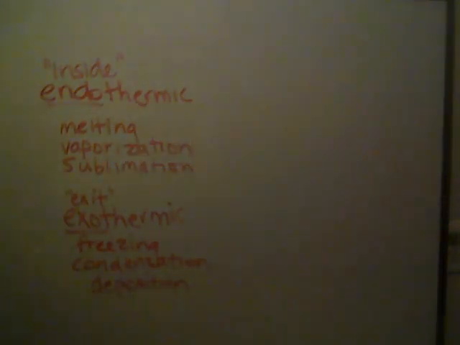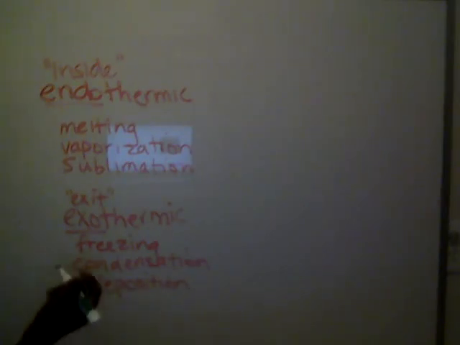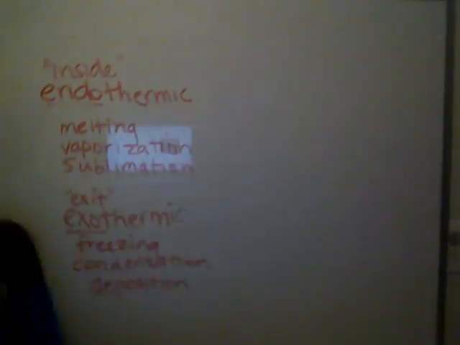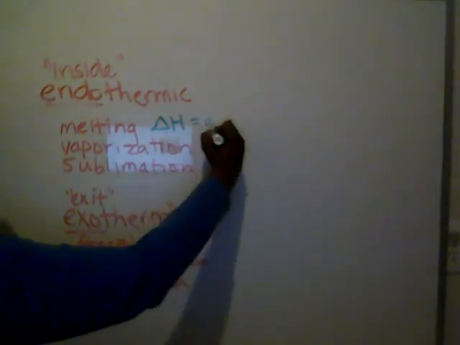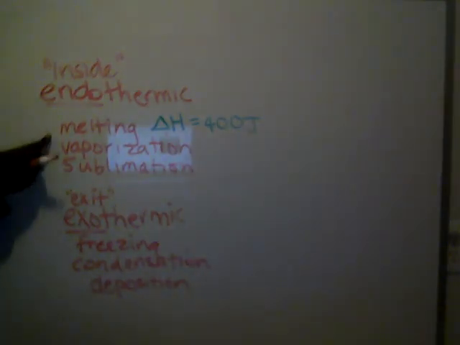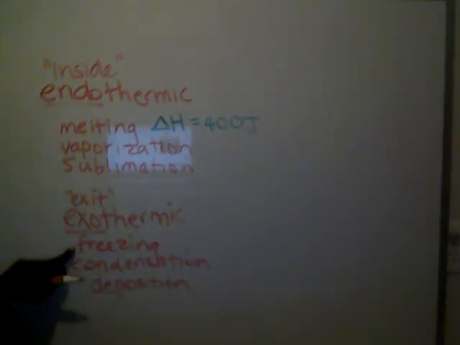So one thing that is going to be important to keep in mind is that, let's say as an example, and I'm going to make these numbers up just so it makes a little more sense. Let's say for a reaction, the reaction required 400 joules of energy to melt. Well, if it needs to freeze, it has to lose that exact same amount.